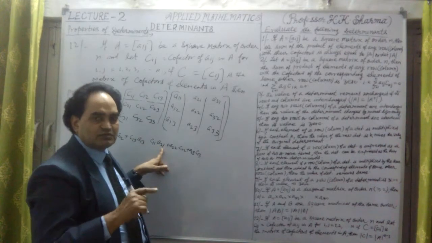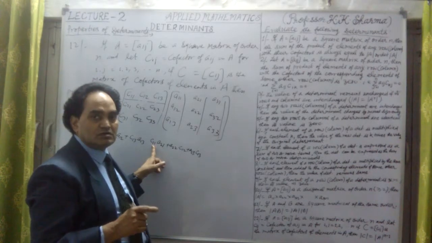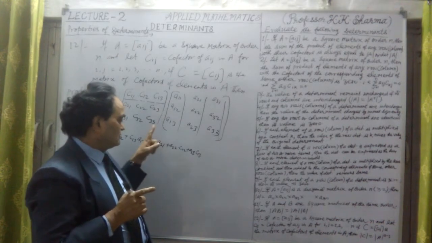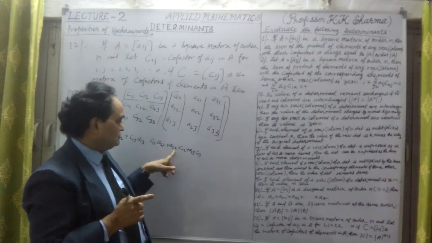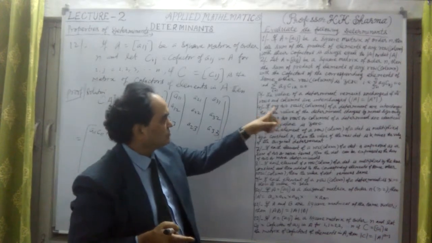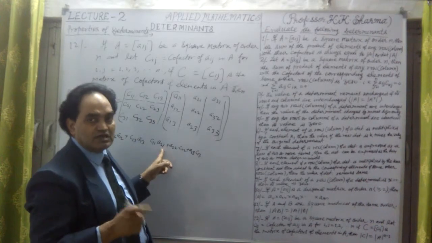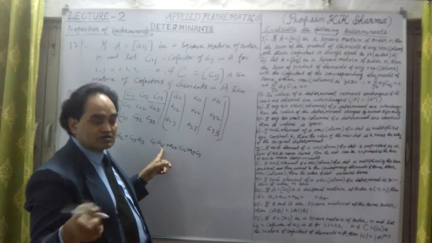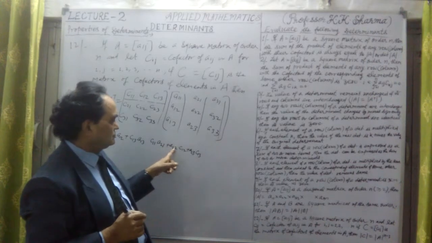A21 is the first element of the second row, and C11 is the cofactor of an element of the first row. This is from the second property: when we multiply any element of a row by the corresponding cofactor of another row, it is 0.